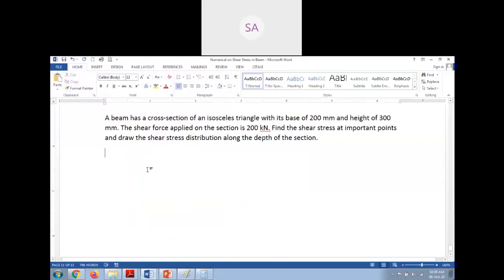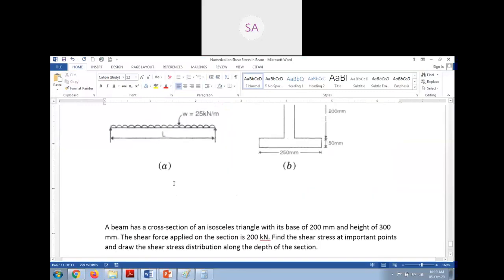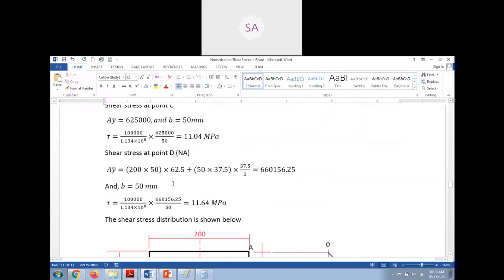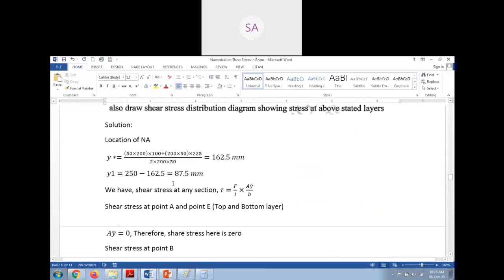Now let me go back here. Solution. Where is my shear stress equation? Okay.